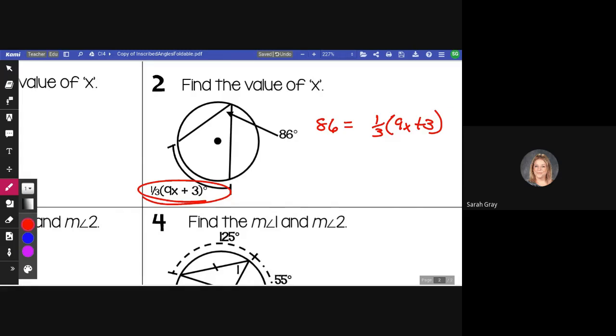Alyssa. Yeah, we can do it that way. Double the angle, because the angle was the small one, the arc was the big one. So if we double the angle, we'll get the arc. Or if you love fractions, you could multiply this by 1/2. But I'm guessing most of us would rather just double the small one.